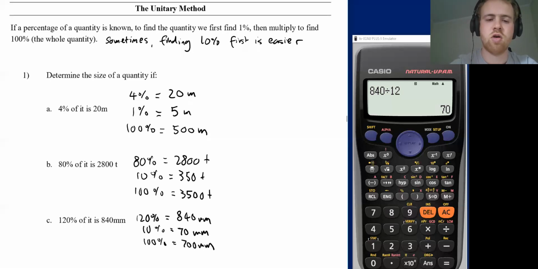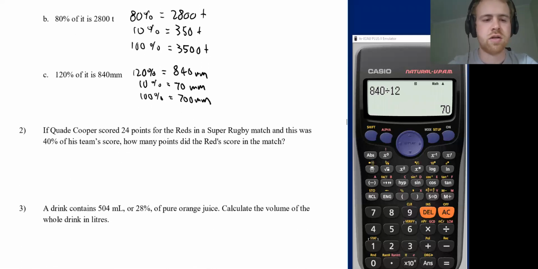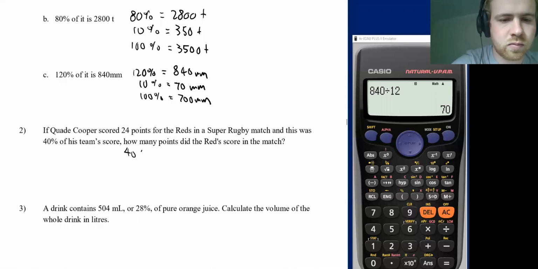Let's just do a couple more examples here, but we first have to read the question. So Quade Cooper, legendary player, scored 24 points for the Reds in a Super Rugby match. And this was 40% of his team's score. Gee, this is going to be a large score. How many points did the Reds score in this match? Okay, so 40% equals 24 points.